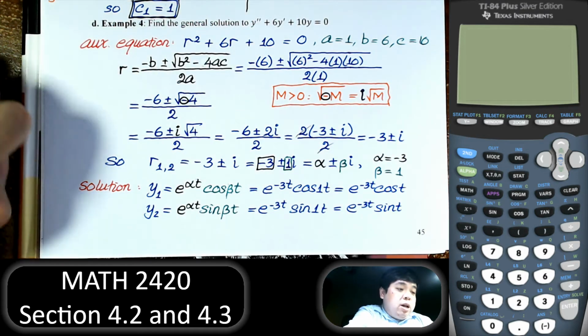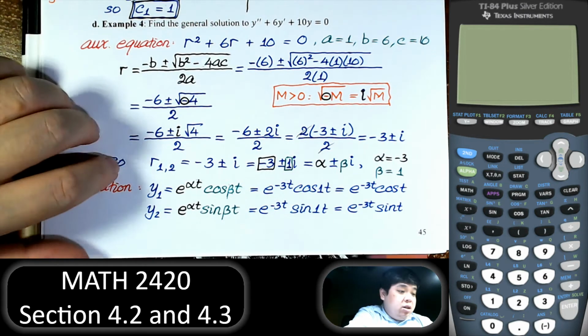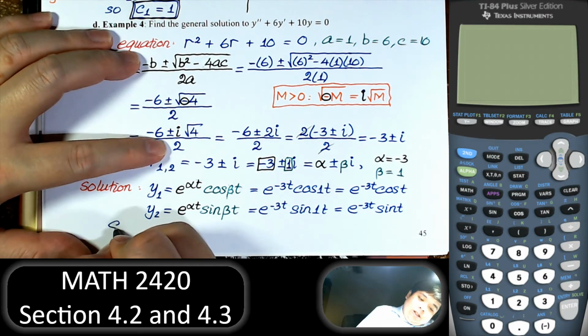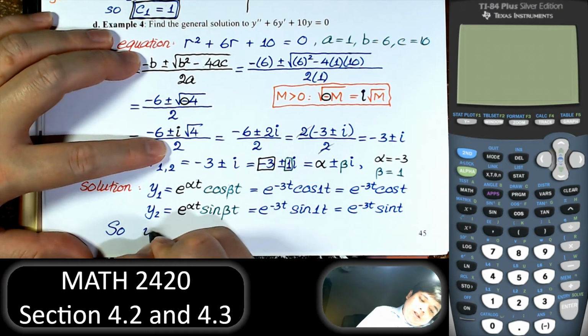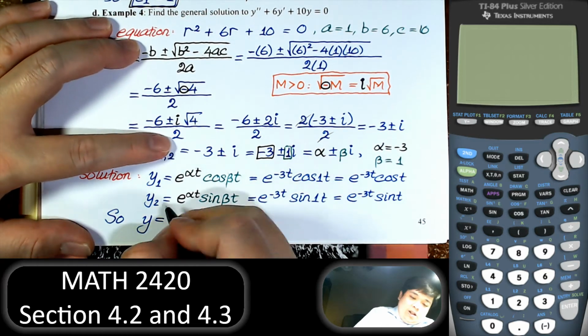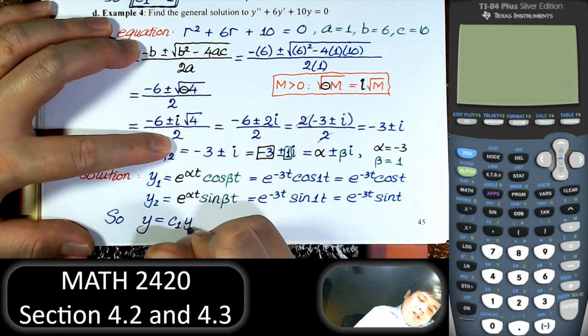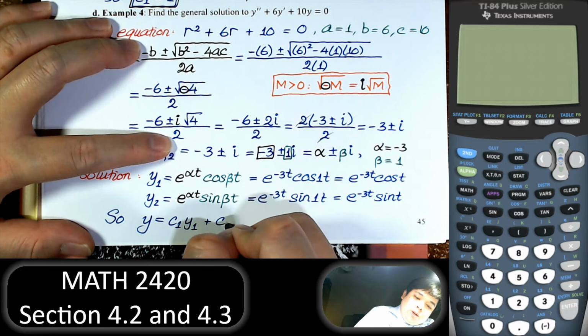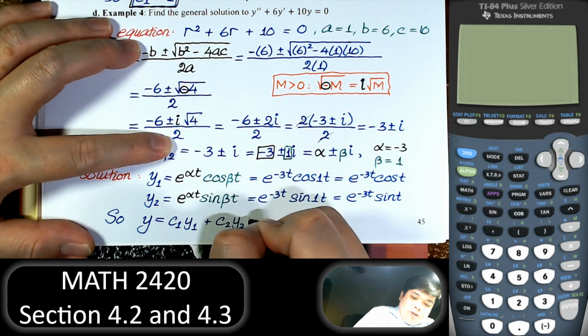Of course, we put them together as a linear combination to have the solution. C1 y1, C2 y2.